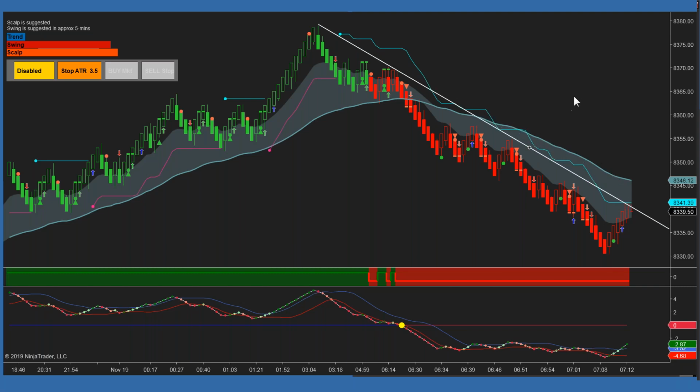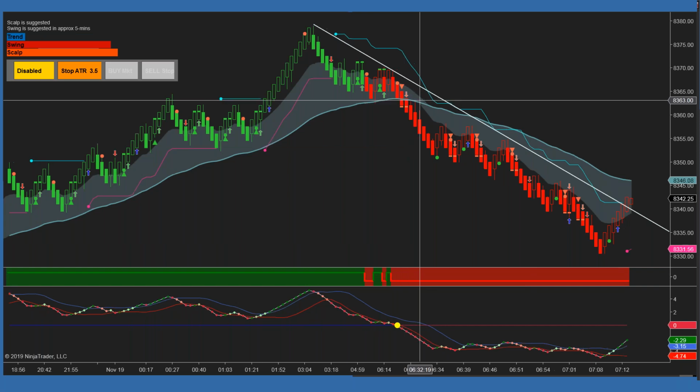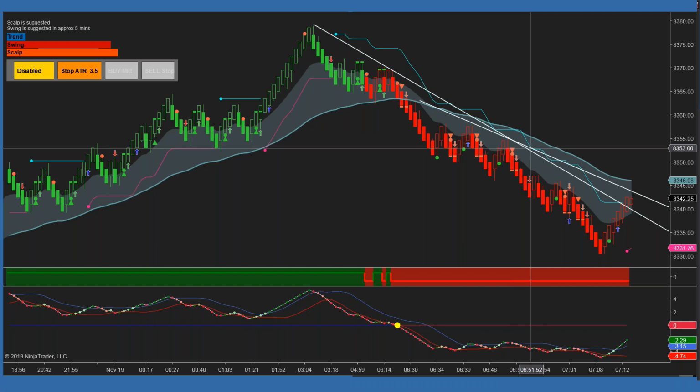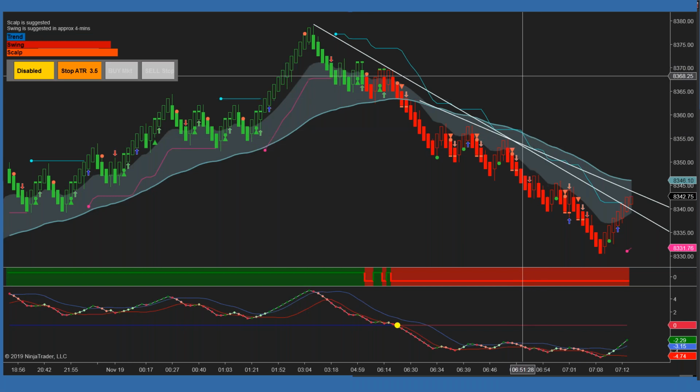Oh, maybe not. Spoke too soon. And that's if we incorporate the overnight. If we incorporate the highs out of the open, well, it looks like we're almost there anyway.